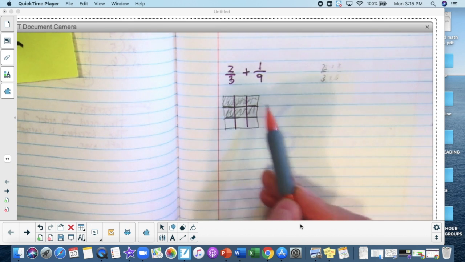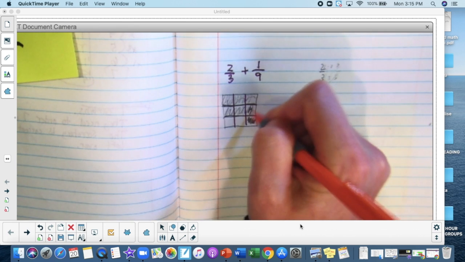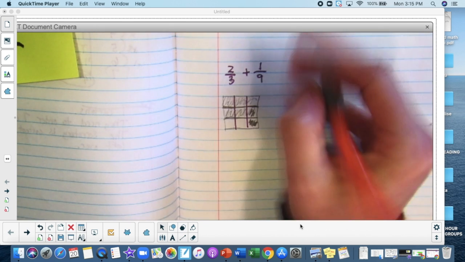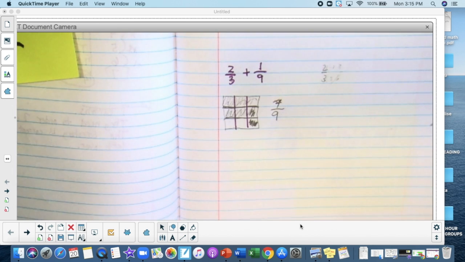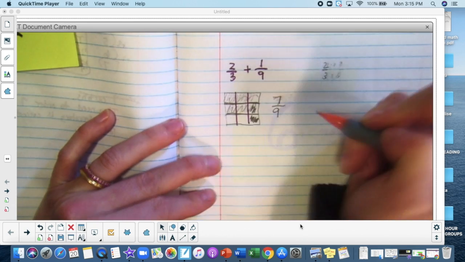3, 6, 9. So I want to add 1 more 9th in there, and I want to see what I have. Okay, well, that's 9 ninths. So I am getting 7 ninths as my answer. I'm going to make that 7 more obvious. My answer is 7 ninths.